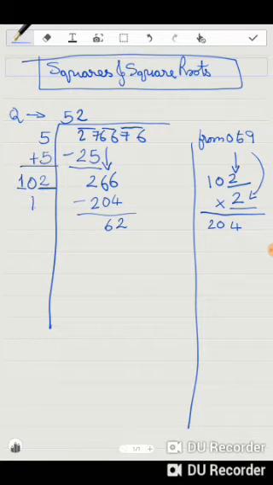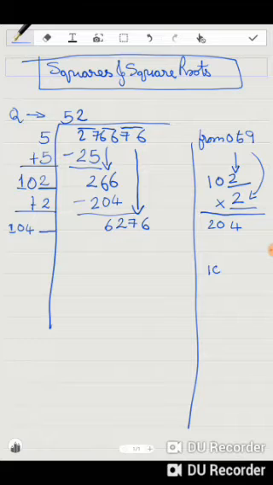I will get 62 as my remainder. Now this 2 I'll add to 102, so I'll get 104. Again I will leave a blank at the right hand side and then write 104. Now I repeat the same process once again. I bring down the next pair of digits, 76.